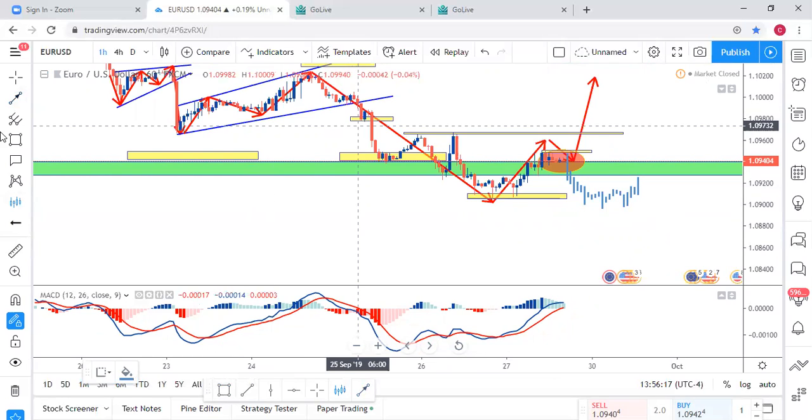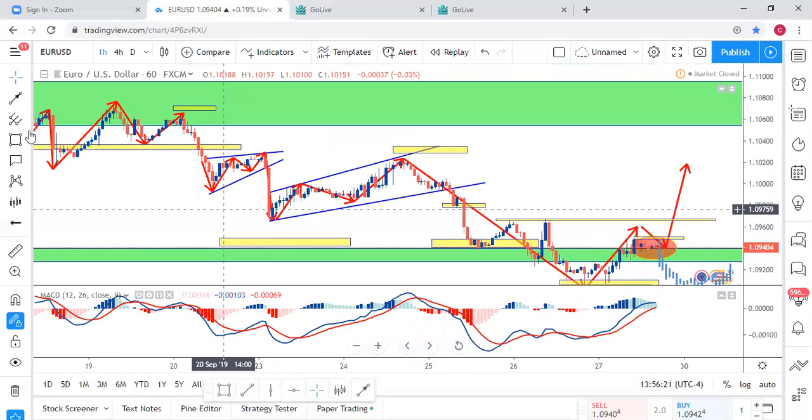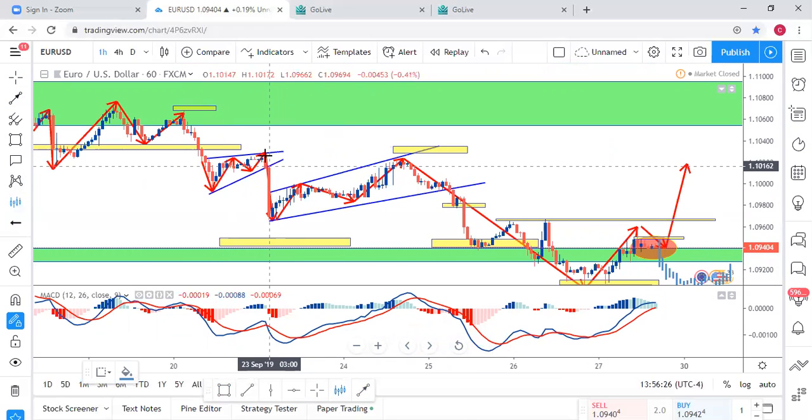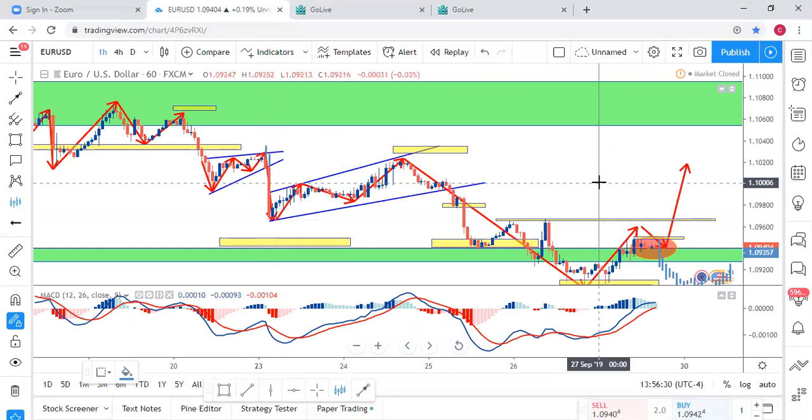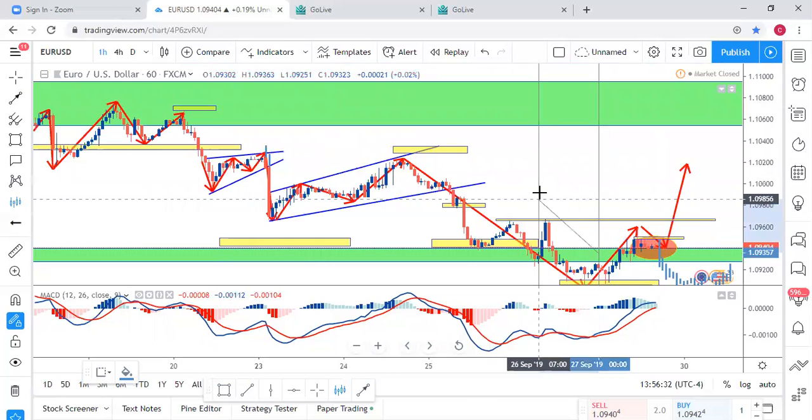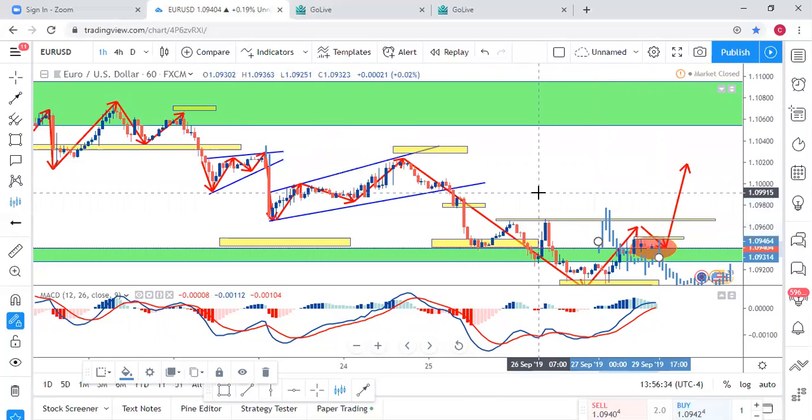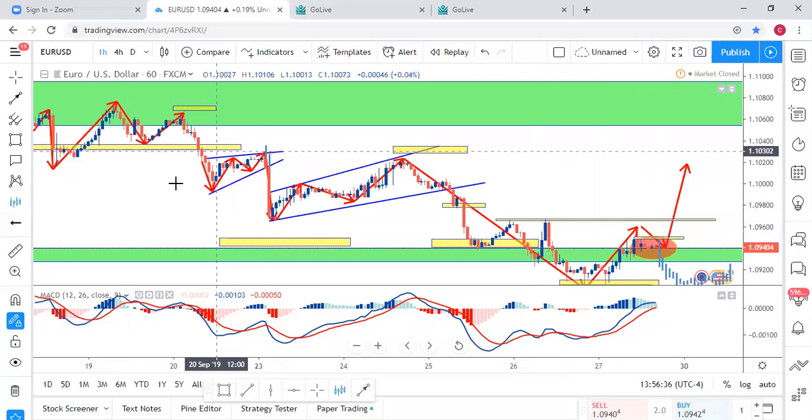Let me see if we can get a nice example here now. You're looking for the market to break, retest, and continue.